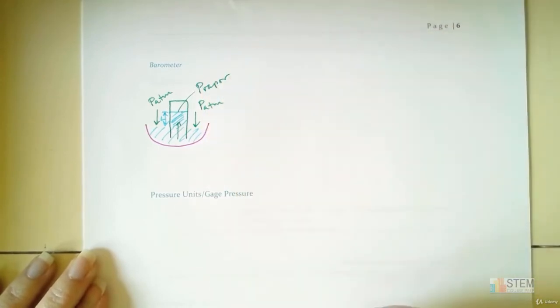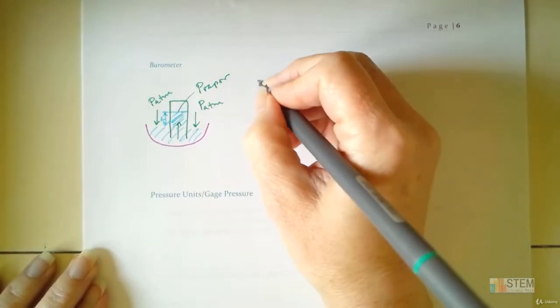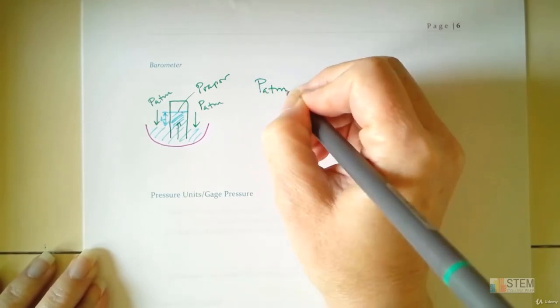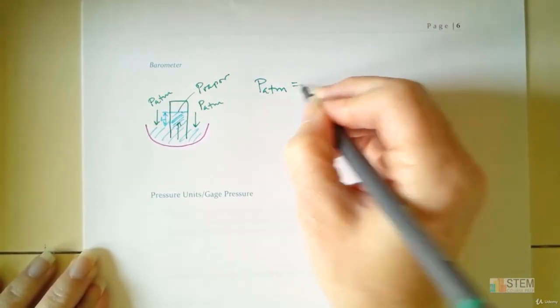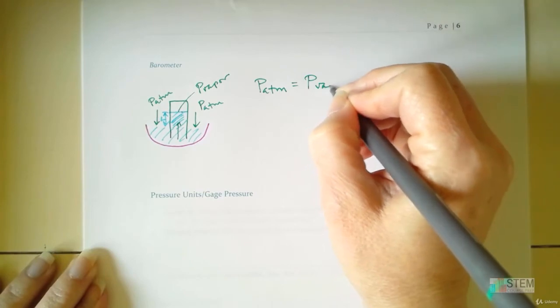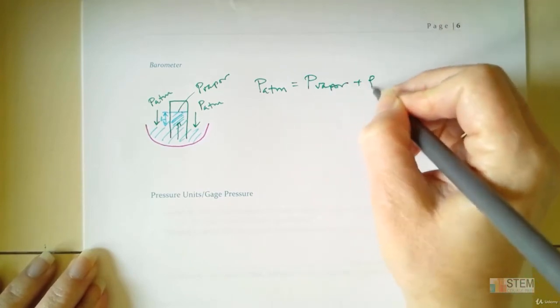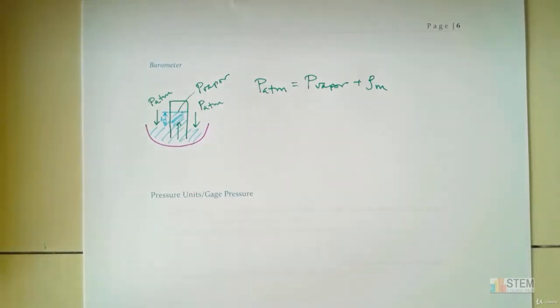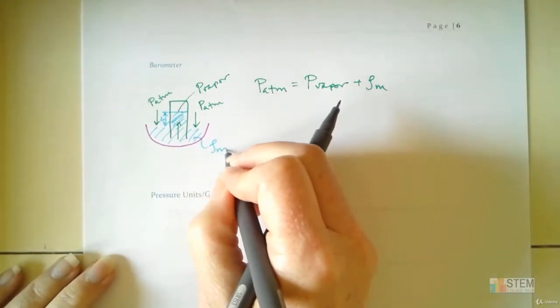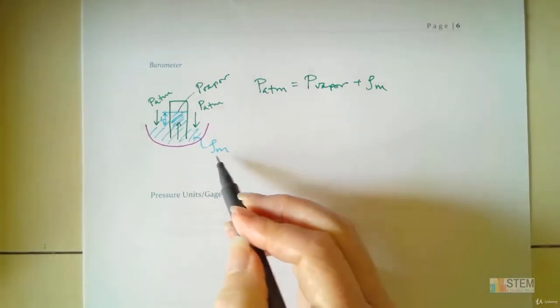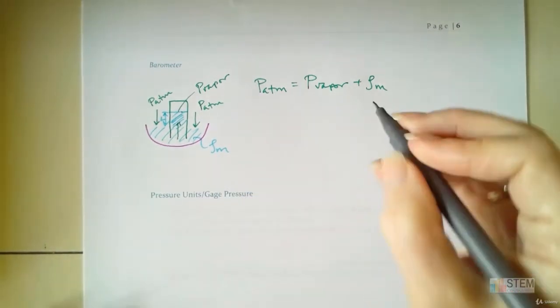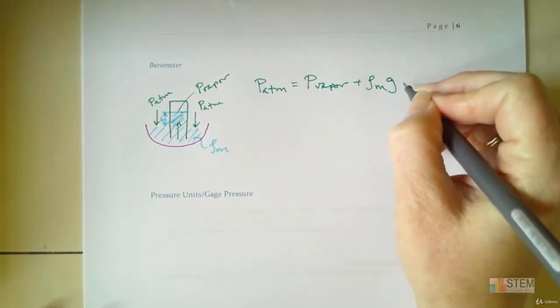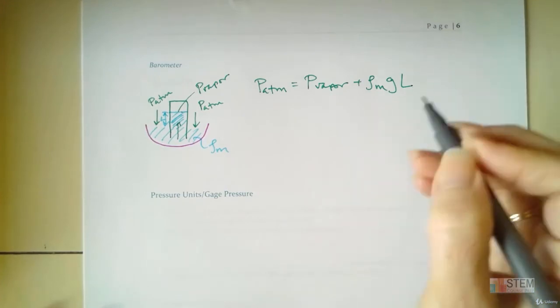So we'll just call that P vapor, but it's usually really small. So with this you could measure your atmospheric pressure, and that's going to equal that vapor pressure plus rho of your fluid, so the density of this fluid, and I have M here because it's usually going to be mercury, times G, which is gravity, times L. Okay.